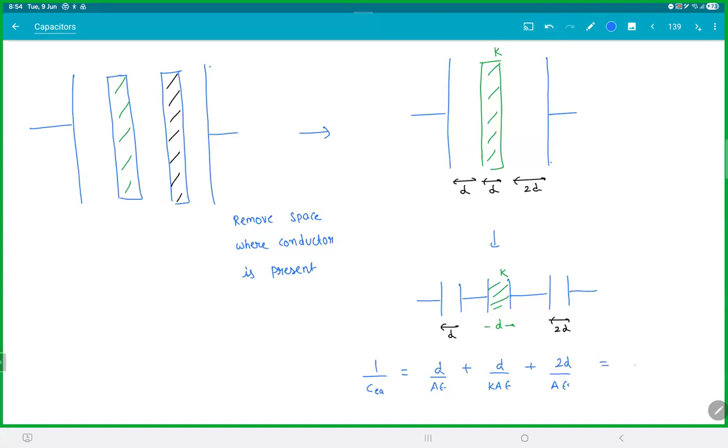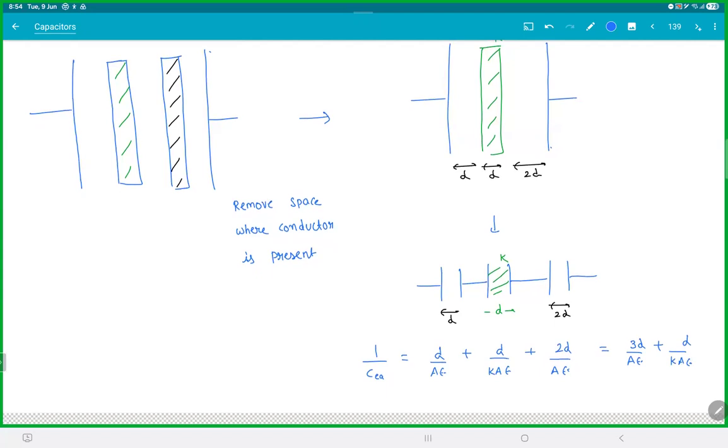So when you do this, this would come out to be 3D by A epsilon plus D by Ka epsilon. You can simplify this and you end up with A epsilon by D, take out that common, and you end up with 1 by K plus 3.